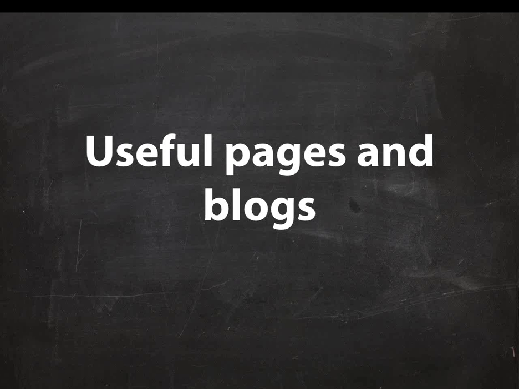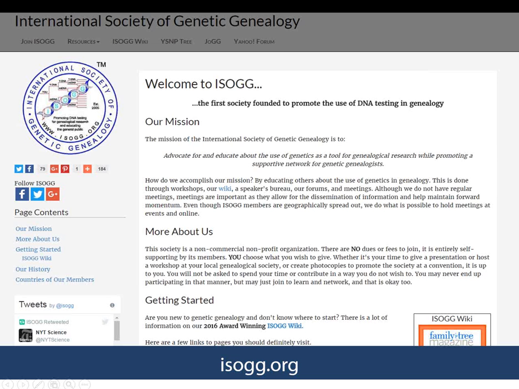I'll go over a few other pages and blogs that can be really useful for additional information. The first page is the International Society of Genetic Genealogy, ISOGG, that I had mentioned. They have tons of useful information, tables, and other data that discuss much more detail about DNA tests and what you can expect from them.